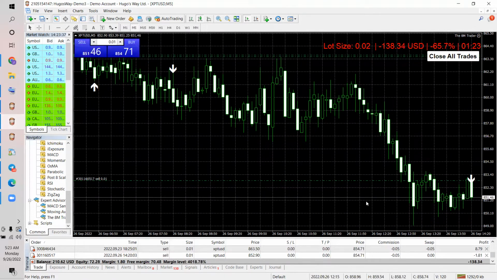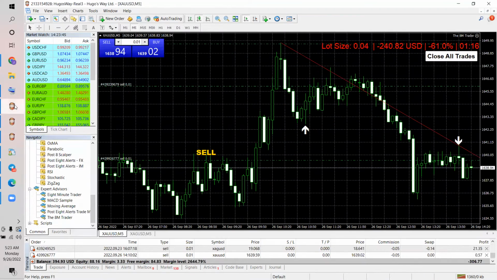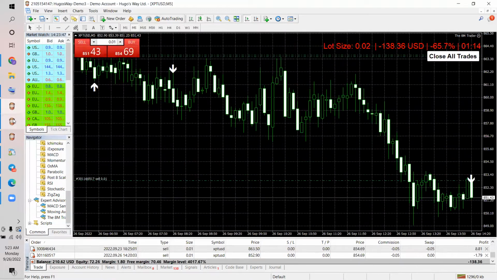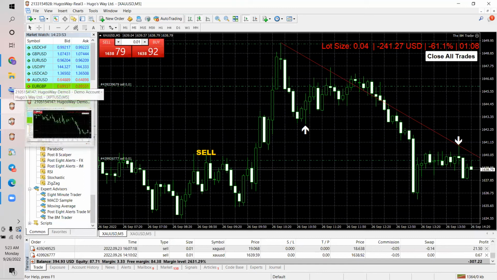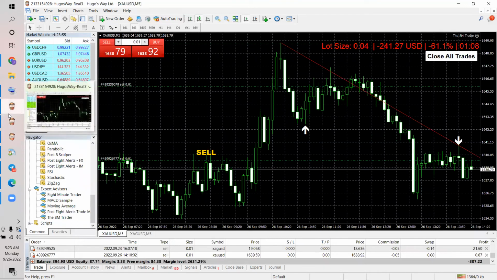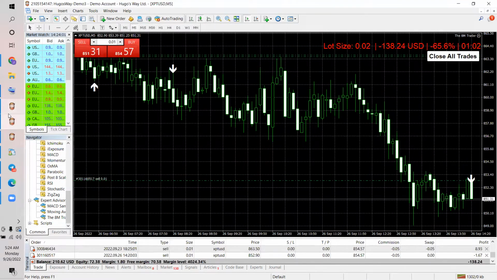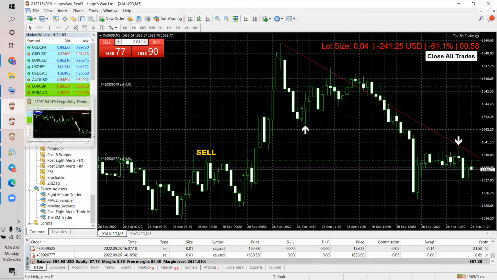Once we get a clear understanding of how a pair works and we're able to generate some profit on it, then we know that pair can be useful to our real account when we're ready to trade on it. So again, taking a look, we have some trades already in progress at the moment.